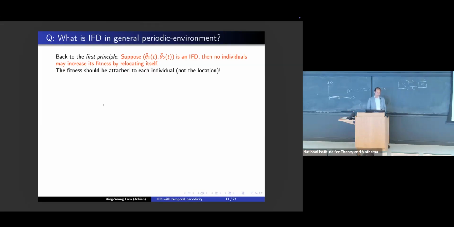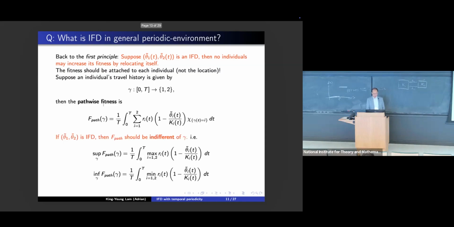Fitness is something that is attributed to an individual, not the location, and the individual now lives in a time-periodic environment. So the individual's choice is actually a travel history: throughout the time-periodic interval, the individual chooses either patch 1 or patch 2 at different times.